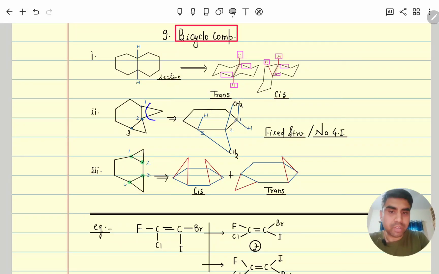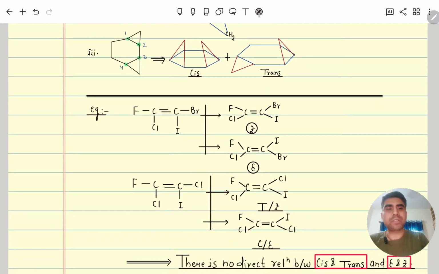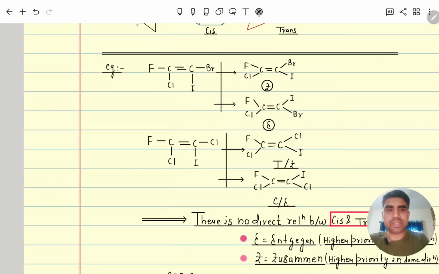But if it is a bicyclo system like this, where a gap is there, at least one gap or two gap, three gap, then it will show GI. How? Like this one is up, so this one also up, it can show GI, or one is down, one is up. Now we will discuss cis and trans.